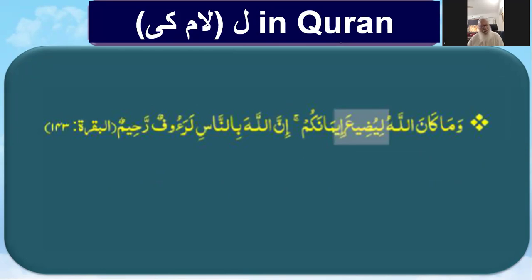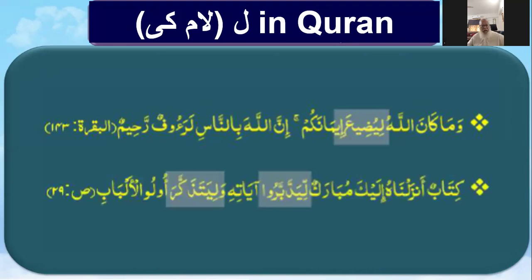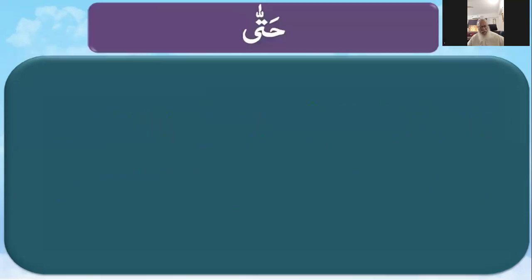It was yudi'u; the lam comes with kasra, that is lam kay, and it changed it to fatha. كِتَابٌ أَنزَلْنَاهُ إِلَيْكَ مُبَارَكٌ لِيَدَّبَّرُوا آيَاتِهِ وَلِيَتَذَكَّرَ. It was yatadabbaruna; lam came with kasra, nun is dropped. It was yatazakkaru; lam came, changing the dhamma into fatha.